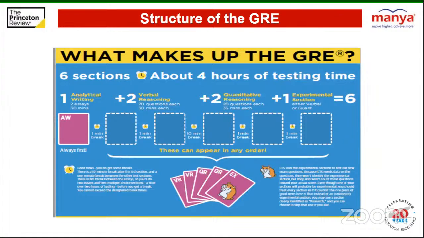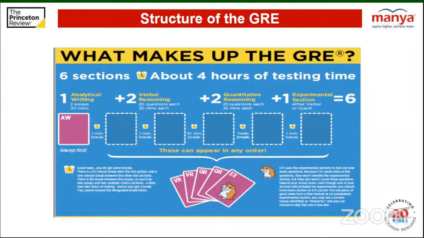How you work on the first section decides the difficulty level of the second section. On the math, again, you have two sections, 20 questions each, but it's slightly better because you have 35 minutes at hand.